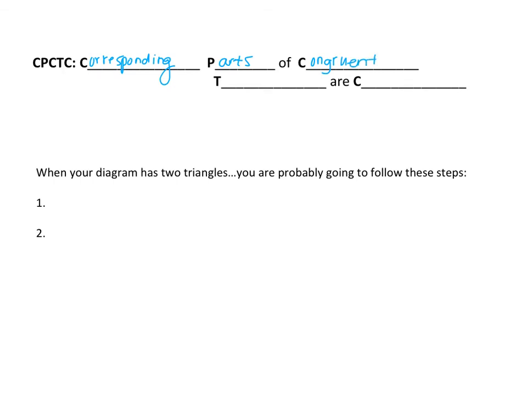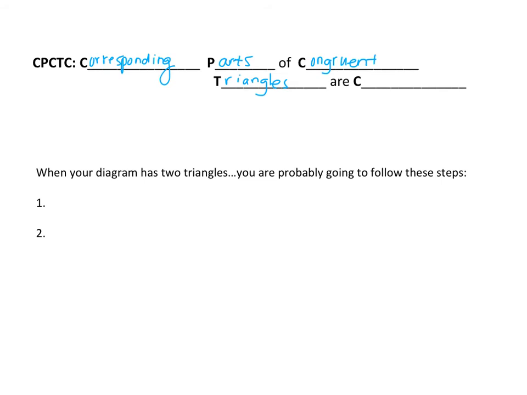Are you guys on the edge of your seats wondering what the rest of it stands for? Corresponding parts of congruent, the T is your triangles. And then R, again, that just gets fit in there. We don't say CPCTAC. So just CPCTC, it just rolls off your tongue.